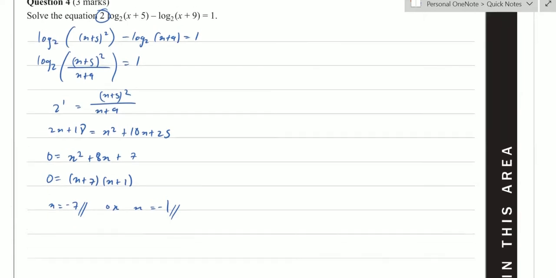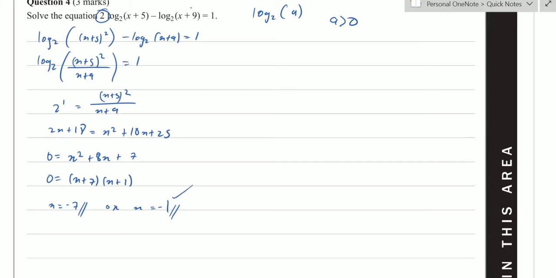So you sub it into the middle parts of each log, because that's kind of the criteria of if it works or not. The inside of a log always has to be greater than 0. So if you sub -1 into here, you get 8 and you get 4. So they're both greater than 0, so you know x equals -1 is an answer.